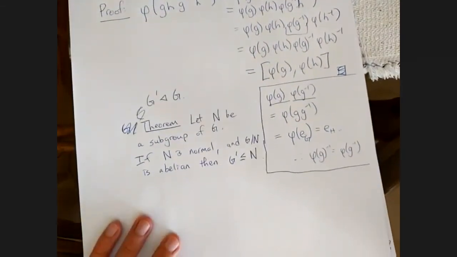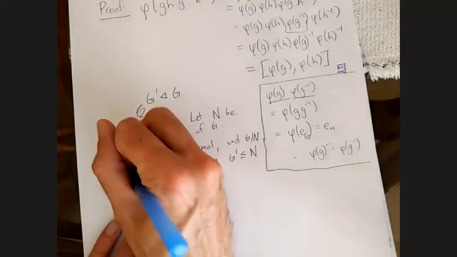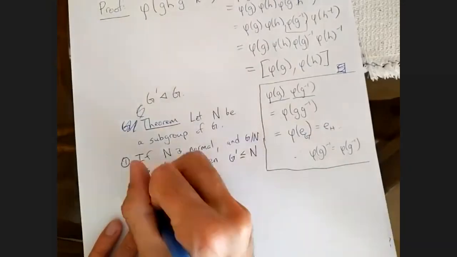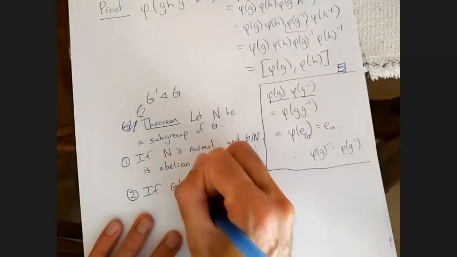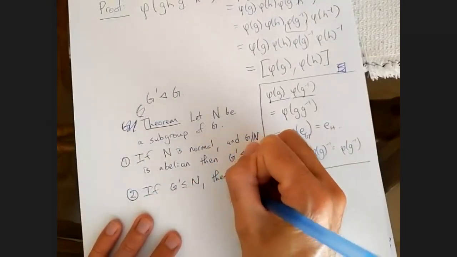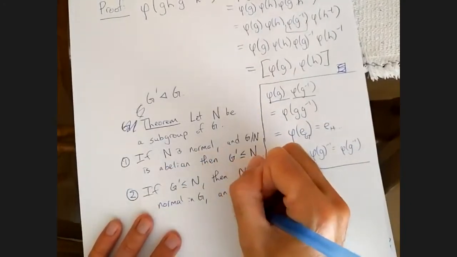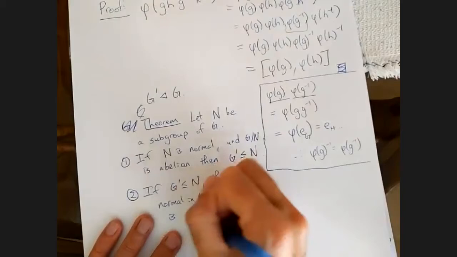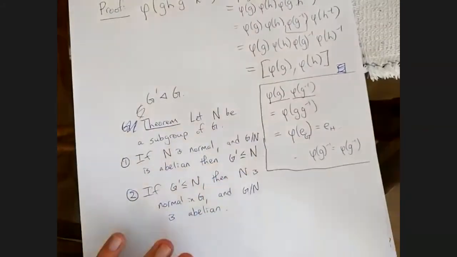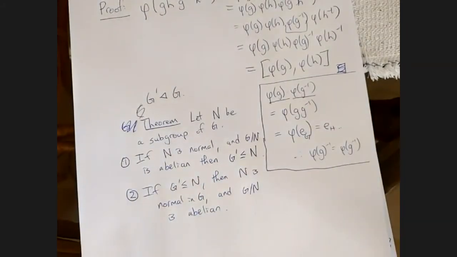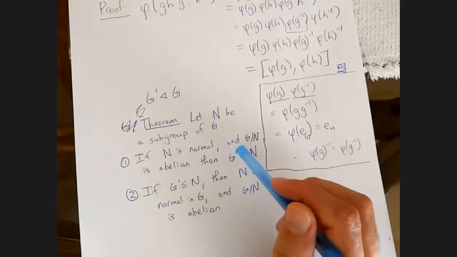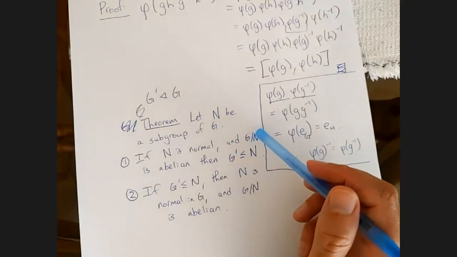That's the first part. Two, if G prime is a subgroup of N, then N is normal in G, and G mod N is abelian. So what this theorem says is that taking N to be G prime gives you the largest quotient of G which is abelian.